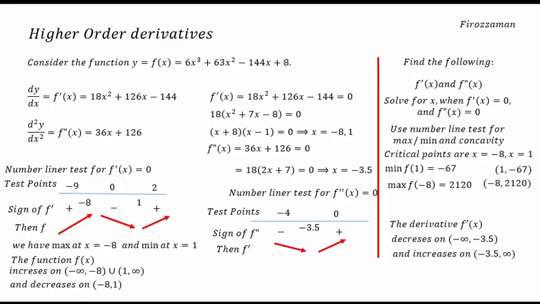Looking at the second derivative, we can see the change of sign, negative to positive. That means we have a change of concavity.